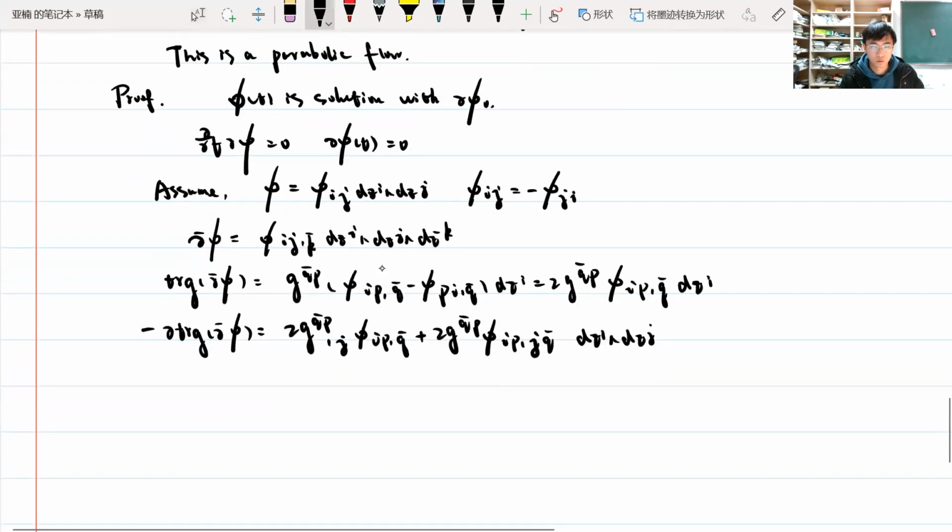And we only need to check to clear the second order term. We check if it is the elliptic operator.